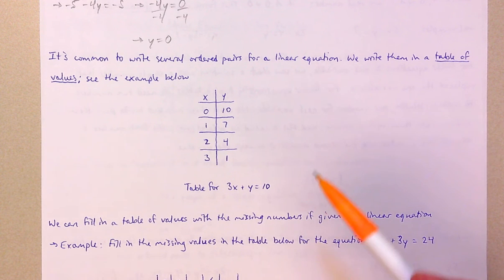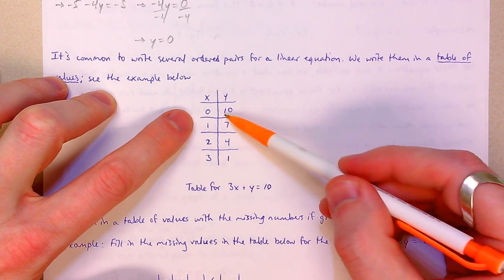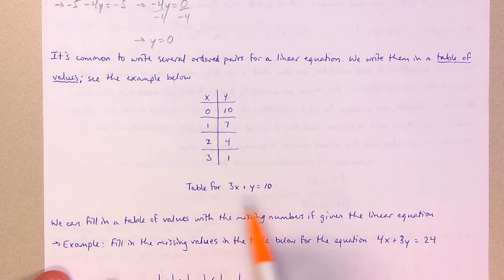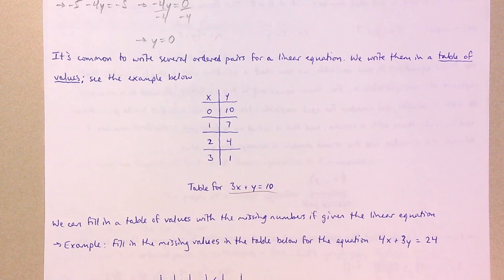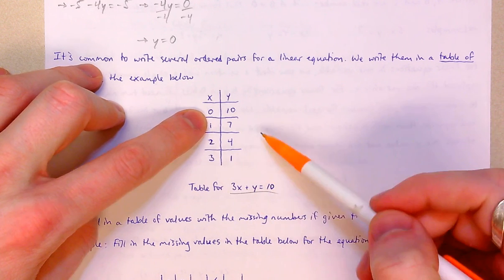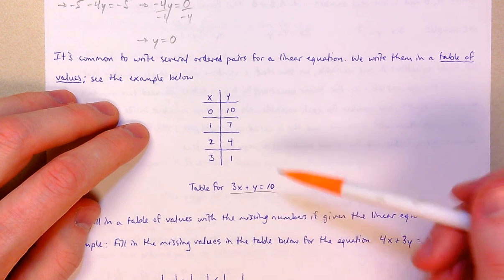And the idea is that when you take the x and the y value in the same row and you substitute them into your linear equation in two variables, like I have here, then that x value and that y value are going to make the equation true. So if you take 0 and plug in for x and take 10 and plug it in for y, that's going to make this equation right here true.